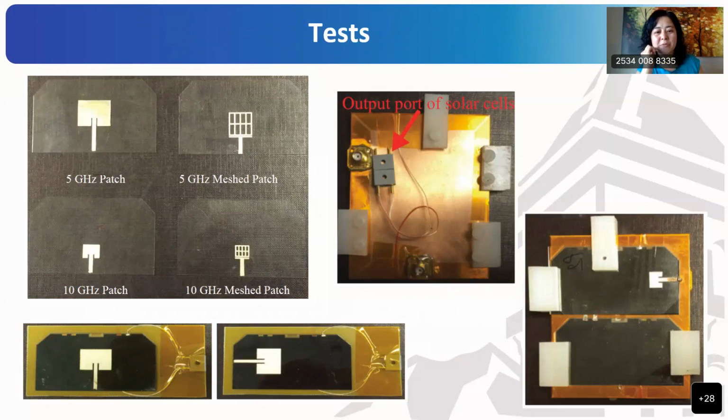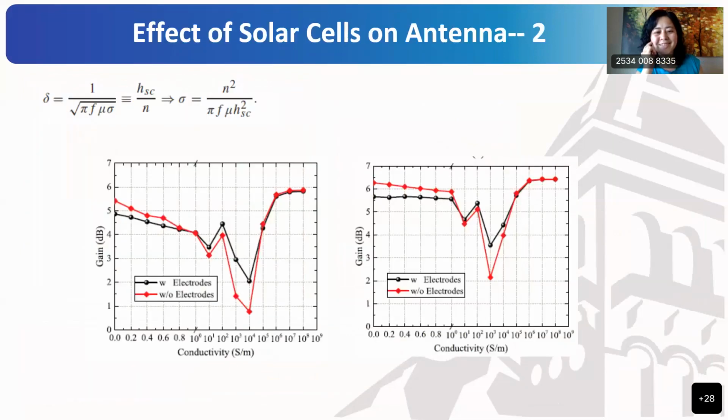Can we stay on that page for one more minute, please? Okay, so we now know we will have lots of gain reduction, antenna efficiency reduction. So I guess this is what we have to deal with. But then we examined the electrodes on the solar cells.